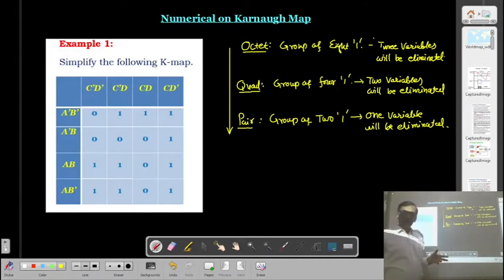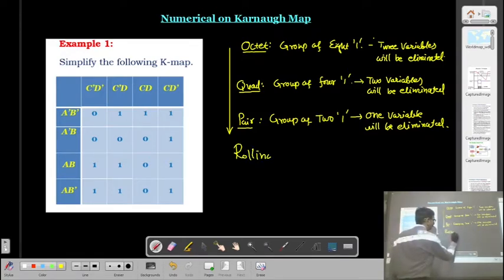Now this pair, quad or octet you can have in a vertical column, or on a horizontal row also. To find these octets, quads and pairs, you can roll the Karnaugh map. Remember, that is known as rolling of the map.